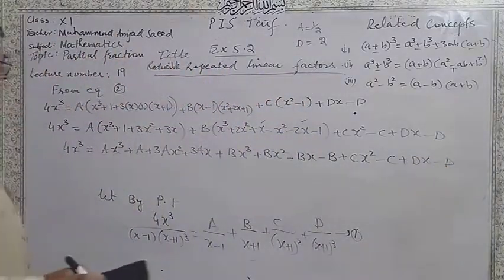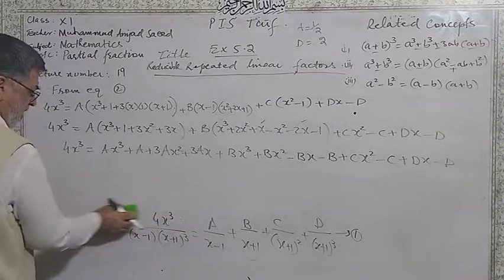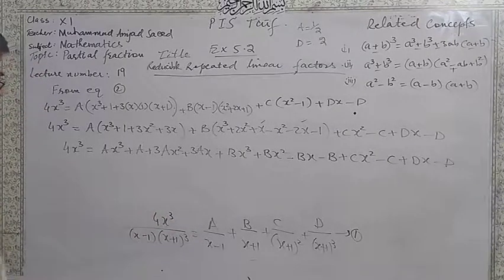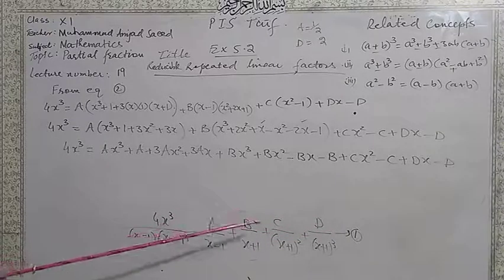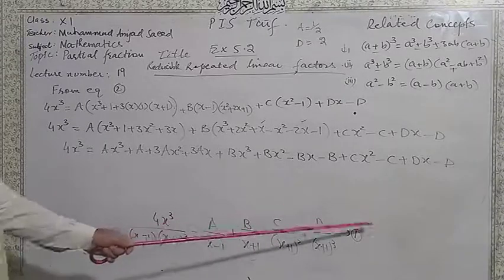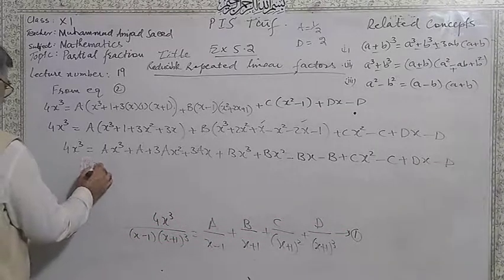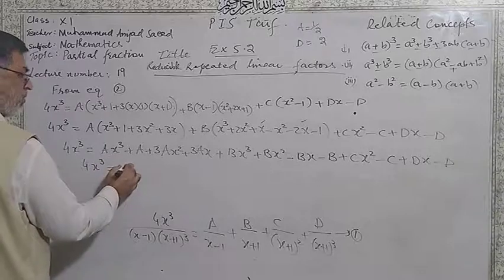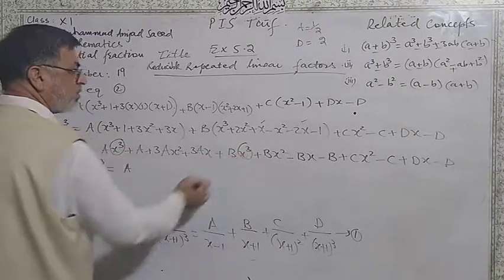Now dear students, we have to write down the like terms side by side. Actually, I am not going to rub this equation number 1 because I need to put these values a, b, c at the end in equation number 1. So that's why I am not going to rub it. 4x cube is equal to, this is x cube, this is x cube.